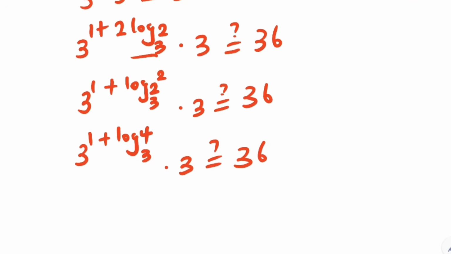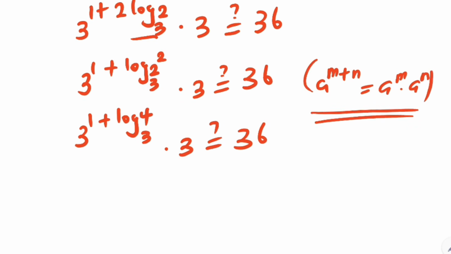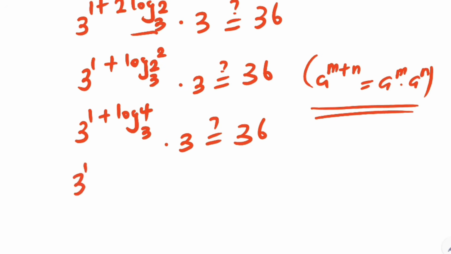And take note of this, that if you have a raised to power m plus n, this is equal to a raised to power m multiplied by a raised to power n. Then this can be written as 3 raised to power 1 multiplied by 3 raised to power log 4 base 3 multiplied by 3 must be equal to 36.